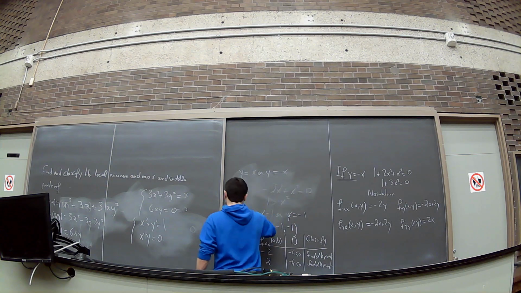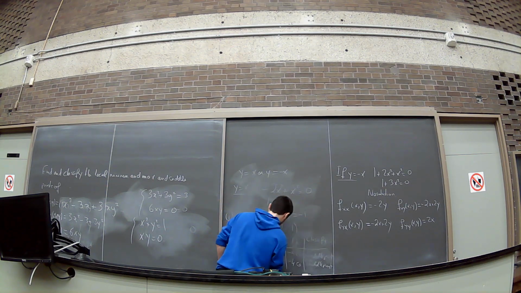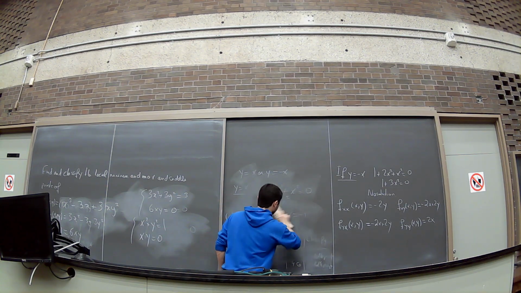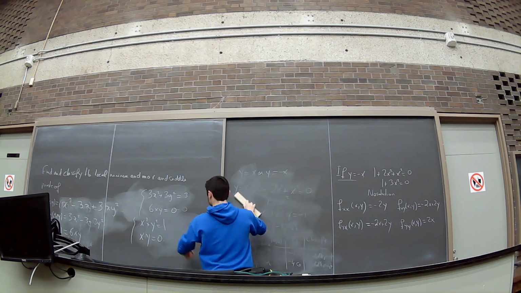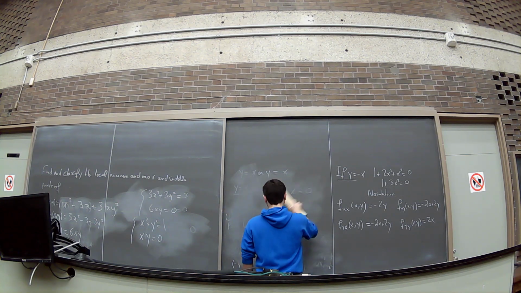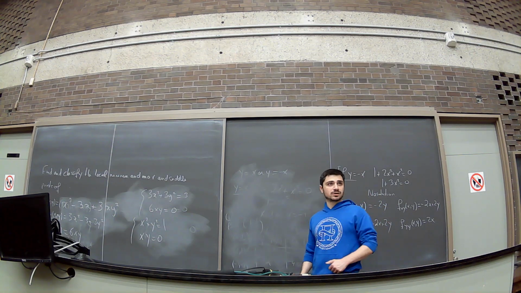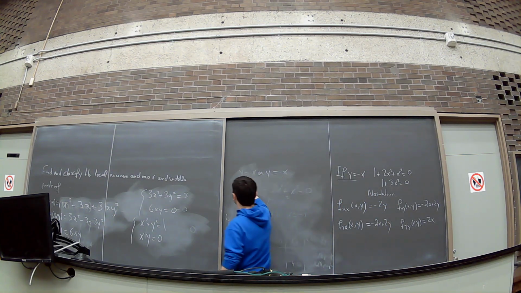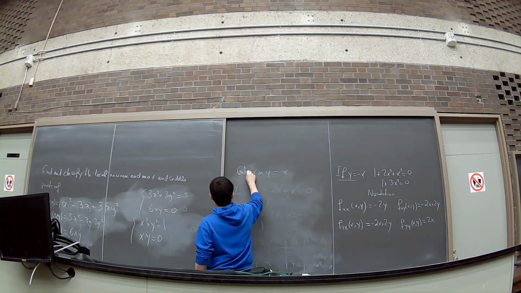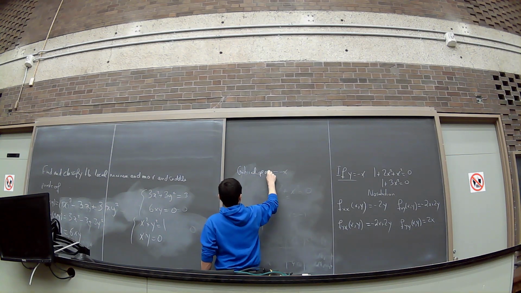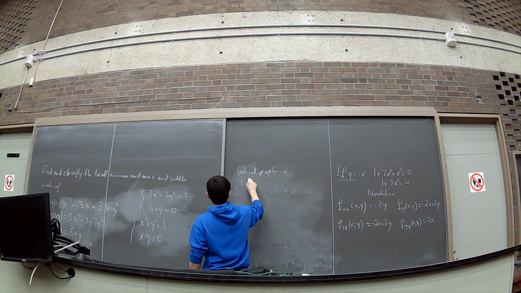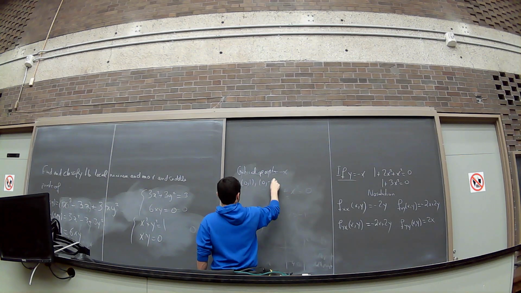Now, if x is equal to 0, what are the values of y? Say x is equal to 0, y squared is equal to 1. So what are my critical points? (0, 1) and (0, -1).